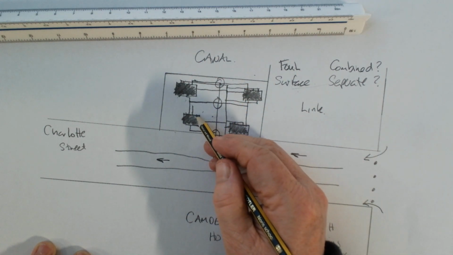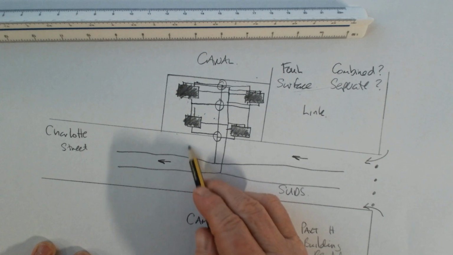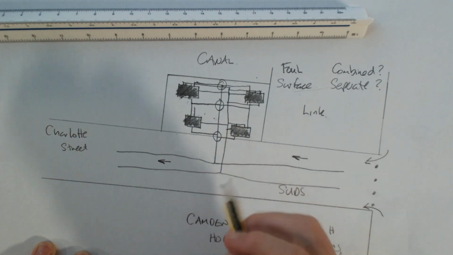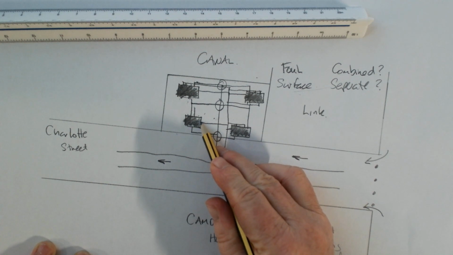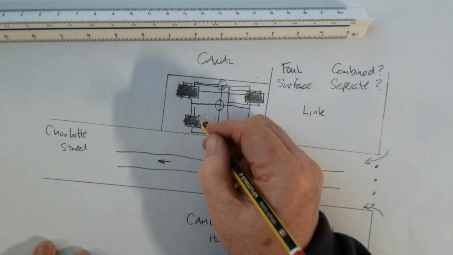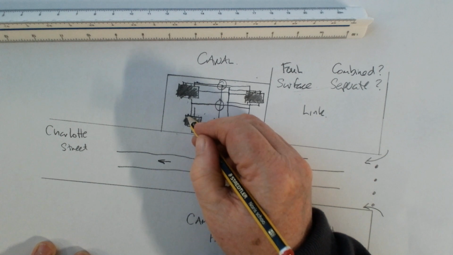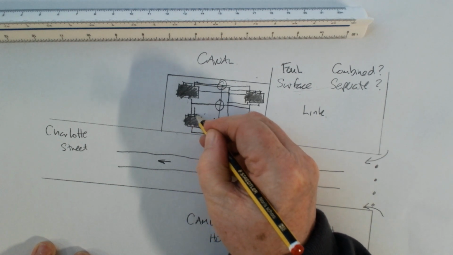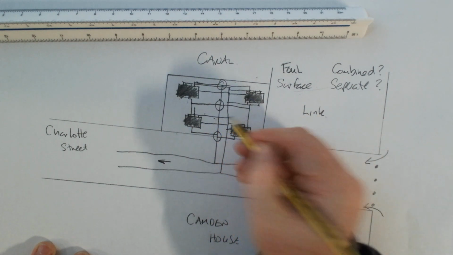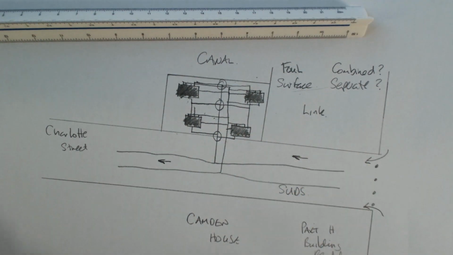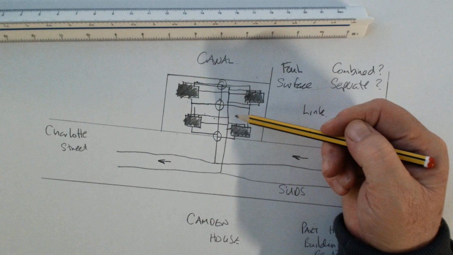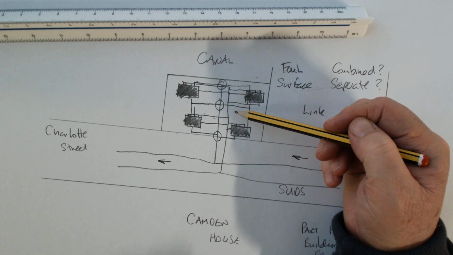I'm trying to sort of work it out here. So there's your toilet by the front door there. Bathroom at the back, kitchen here, and bathroom there, and it sort of links in. And again, you'd maybe have inspection chambers, and you'd probably simplify this eventually.